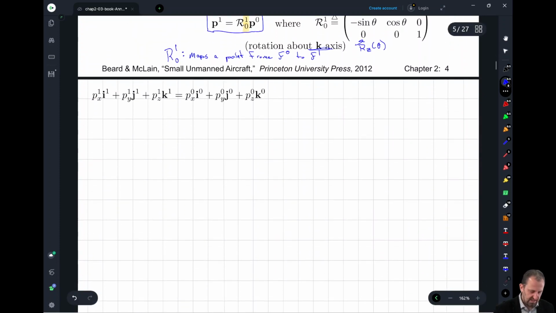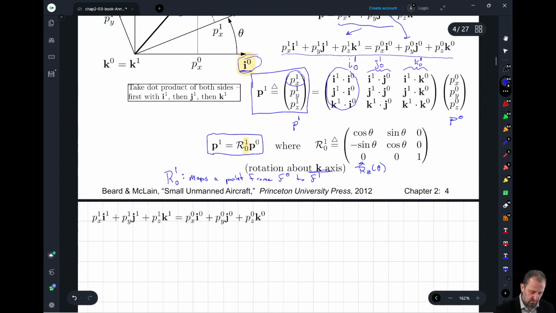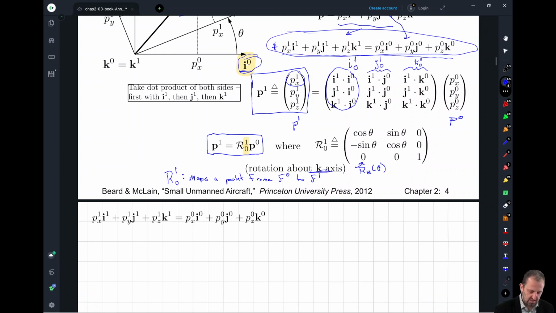So if we take this equation right here, we're going to start playing with it and show, first, how we get these individual elements in frame 1, and second, how this matrix could relate to what we wrote up in a previous lecture.